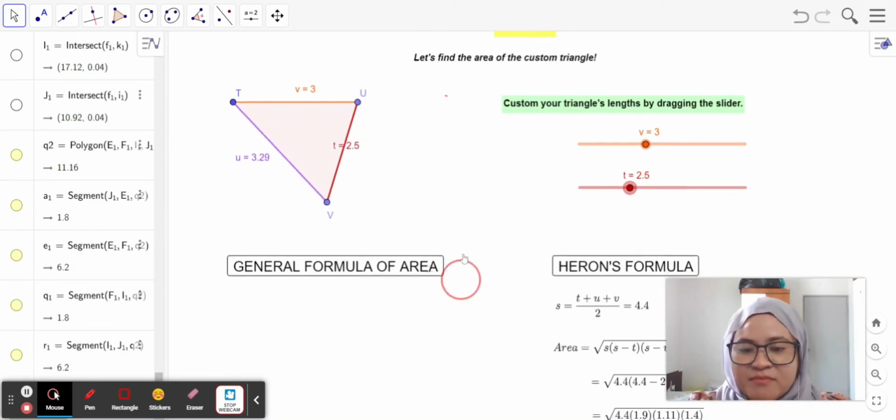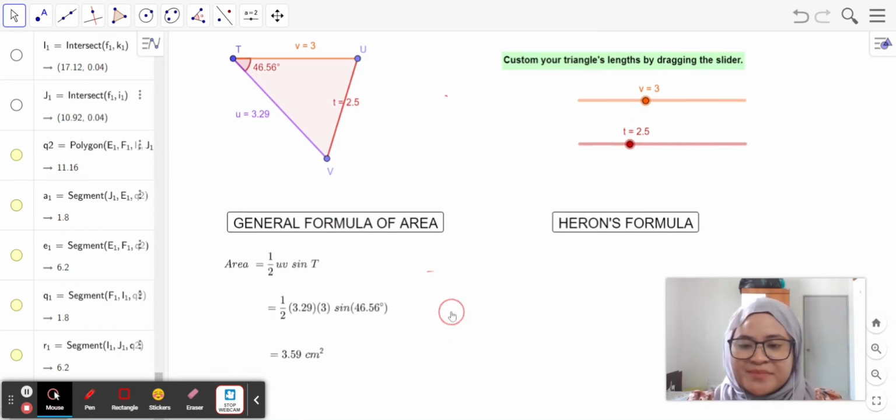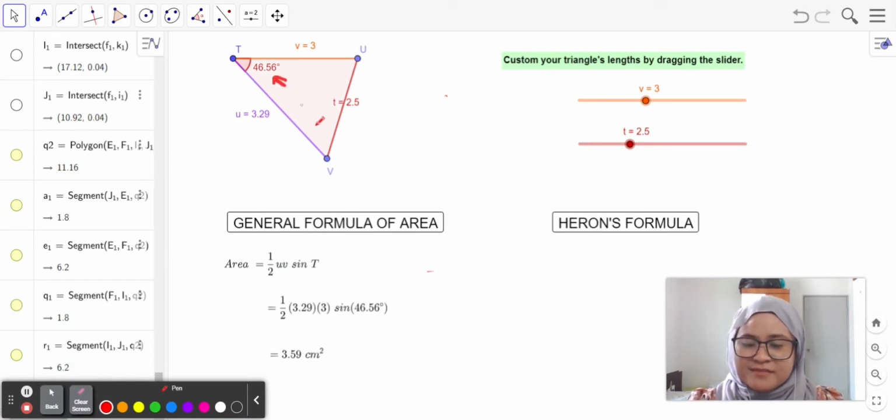So let's use the general formula of area. Don't forget the formula from just now. 1/2 times, you can see here, there is an angle of 46.56 degrees.